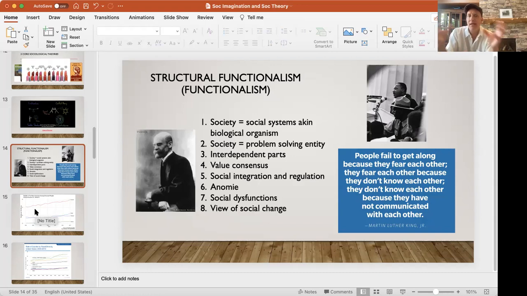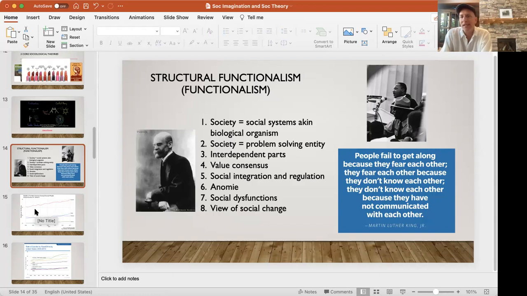The idea from a functionalist viewpoint is eventually to get back to that place of order and stability. Social dysfunctions happen. It's a natural part of every system. The idea is that dysfunctions inform us about where there may be problems in the system and places to go to make correction.